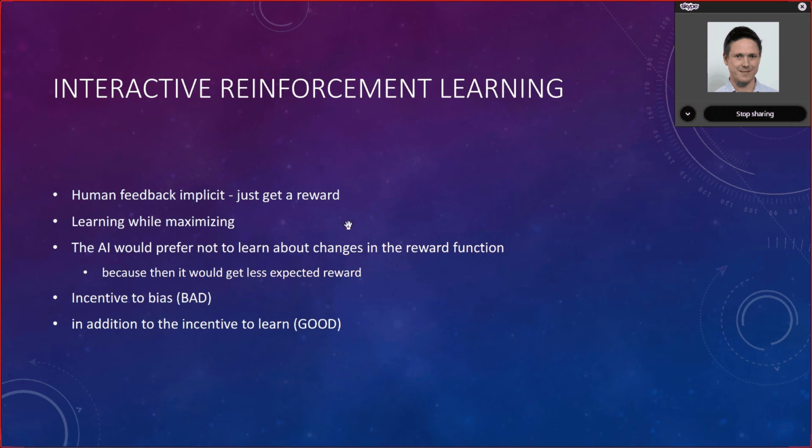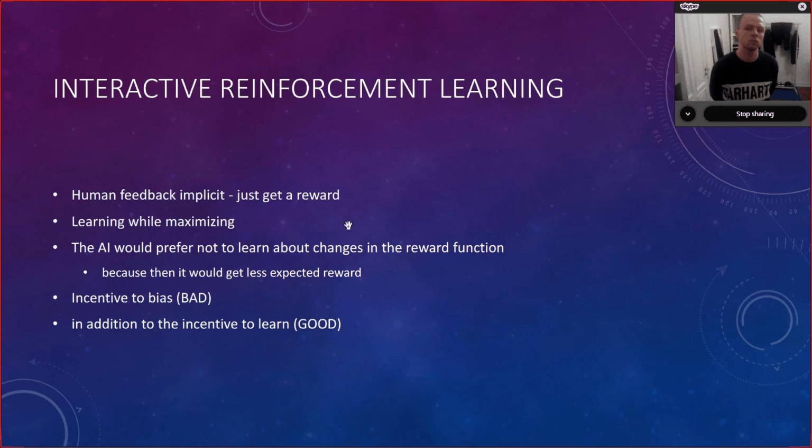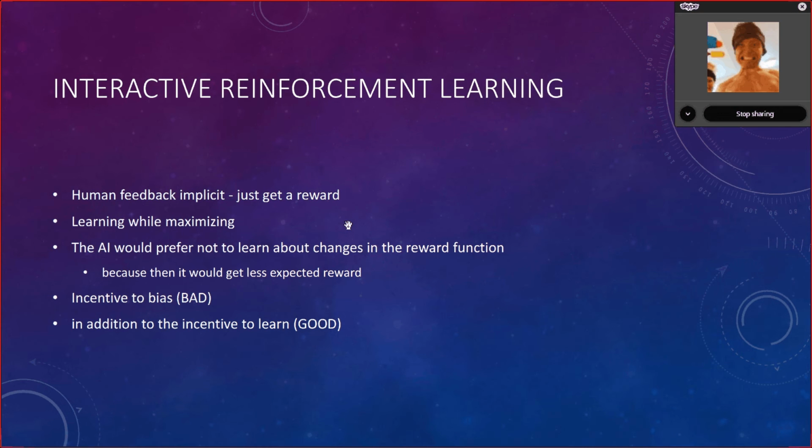And the problem with this is that the AI in general would prefer not to learn about changes in the reward function, because if it is doing the best it can according to some reward function, then if the reward function changes, it will probably not have done the very best it could. So that means it would expect less reward from any changes in the reward function, so it doesn't want to learn about changes.